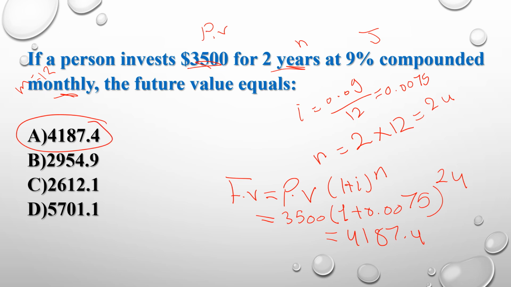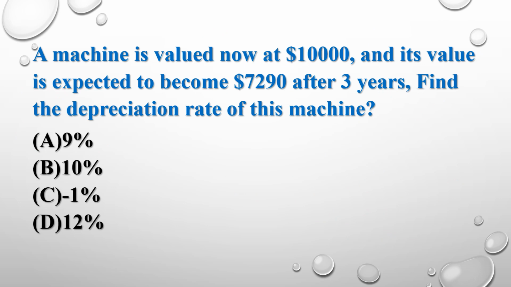Another example. A machine is valued now at $10,000 and its value is expected to become 7,290 after 3 years. Find the depreciation rate of this machine. So the value of this machine now is $10,000.